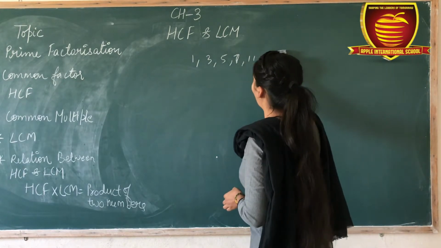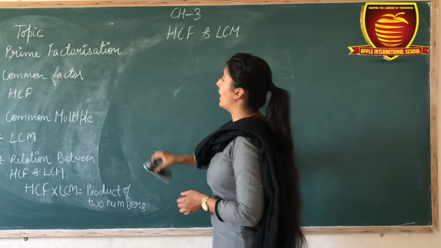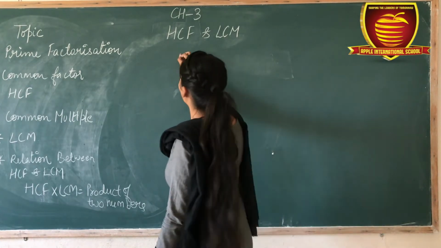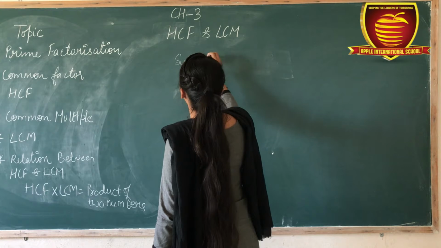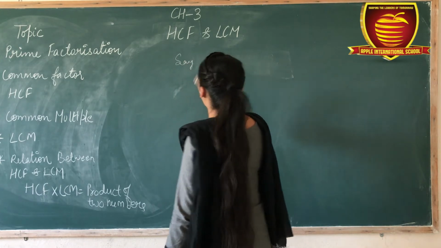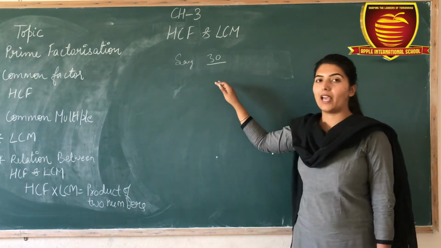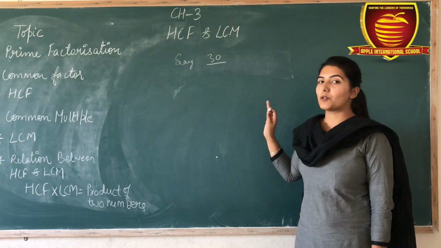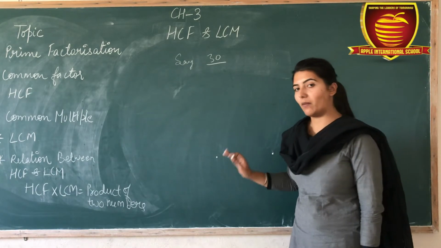Now we have to factorize a number. Say 30. We have to do the prime factorization of 30, meaning split that number one by one.